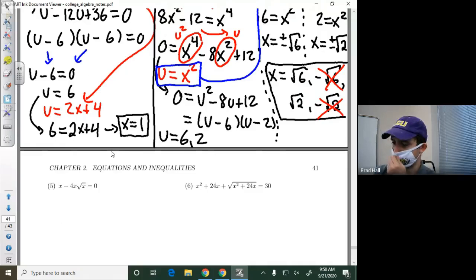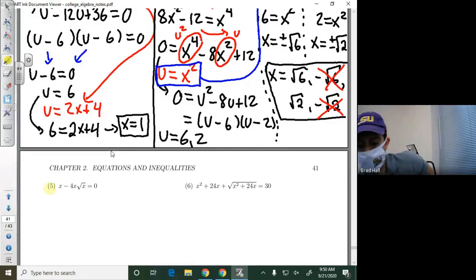So we'll look at problem 5. And you might think, well, what in the world is the u substitution for this problem? And my answer to that is I don't think you have to use u substitution here.